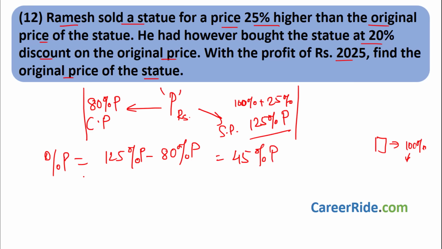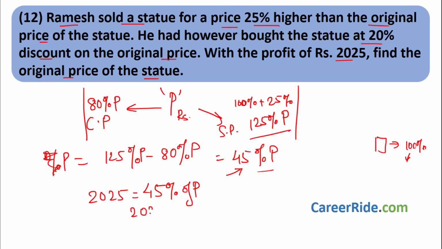Now, this is not profit percent, this is nothing but the actual profit. Profit is selling price minus cost price, and that is nothing but 45% of P. What they have given is that profit is 2025 rupees, but we already know profit is 45% of P. So both these should be equal. Let's solve it.